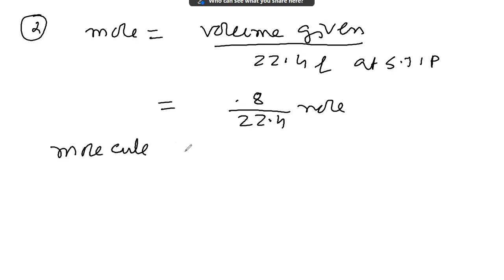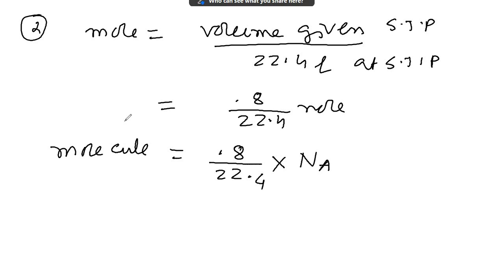Molecule কিভাবে পাবে মনে আছে তো? Mole into Avogadro number, Na. Na stands for Avogadro number. First of all, volume given is 0.8 liter. 0.8 liter by 22.4 liter at STP gives you the mole. The volume should also be taken at STP.